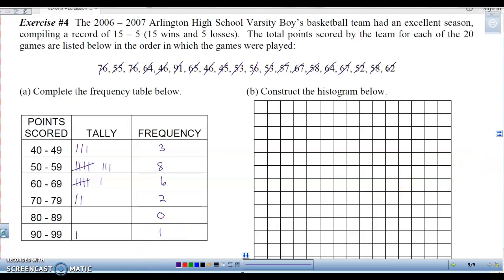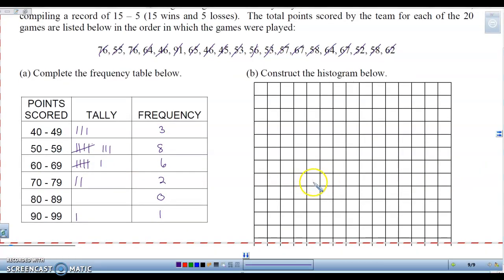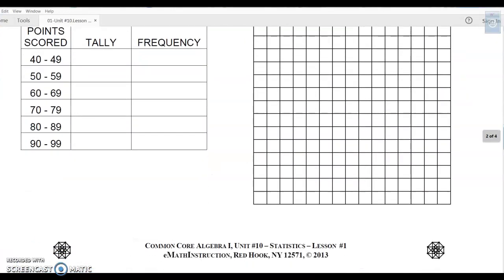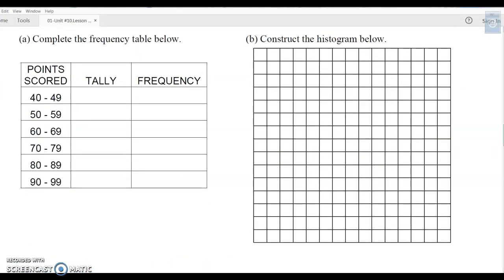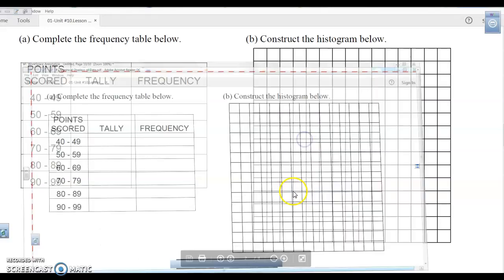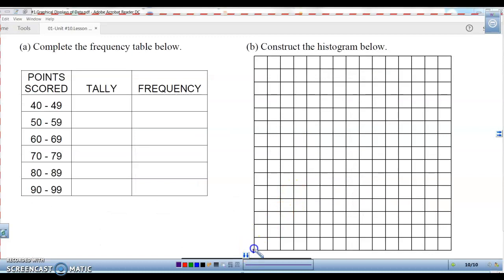All right, so if I want to complete my histogram for this, I want to construct this on my table. First of all, I need to mark off each of the ranges of scores. I'm going to use 2 blocks each. My first block is going to be 40 to 49, from here to there.